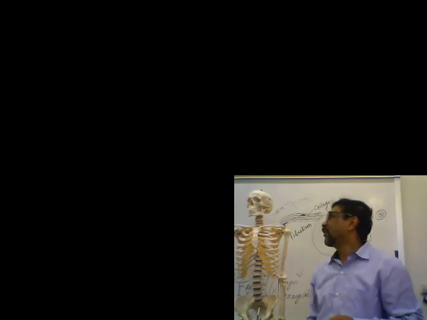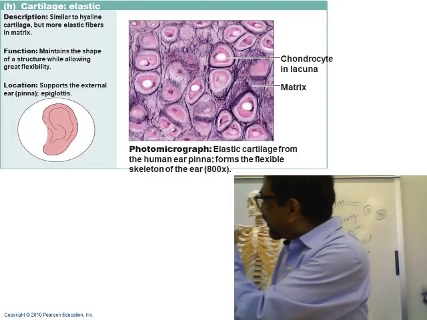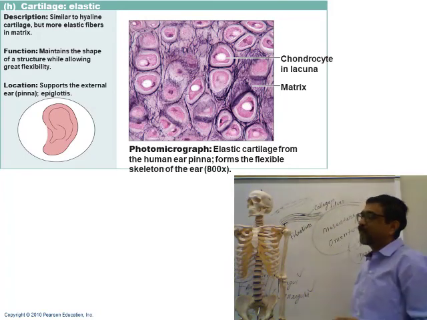Now let's go to another type of cartilage. This is called elastic cartilage. In elastic cartilage, many cells, a small amount of matrix, but in the matrix you have elastic fibers. You see those dark lines, those are elastic fibers.